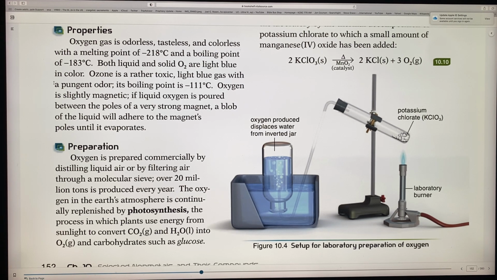Oxygen in the Earth's atmosphere is replenished by the process of photosynthesis. You know about photosynthesis. It's the process in which plants use energy from sunlight to convert carbon dioxide and water into oxygen and glucose. So we should know all about that, especially if we're studying plants.